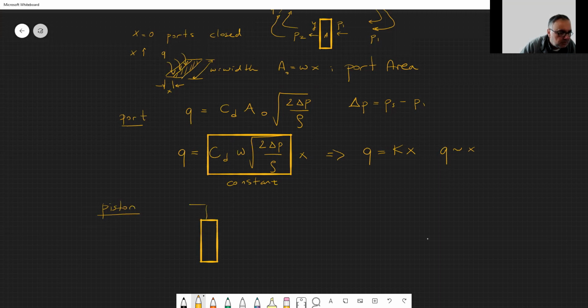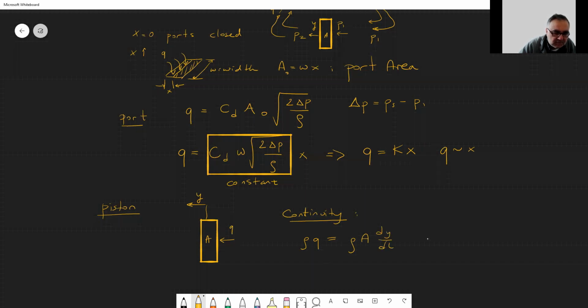The piston moves with a motion of y, and there is the flow coming in, Q. The motion of the piston has an area of A. As I have told you before, you rewrite the continuity equation, which says that rho times Q, the mass flow m dot, is equal to rho times A times dy/dt.